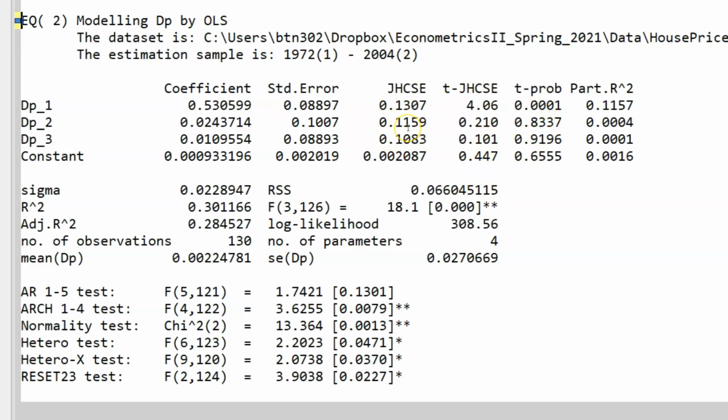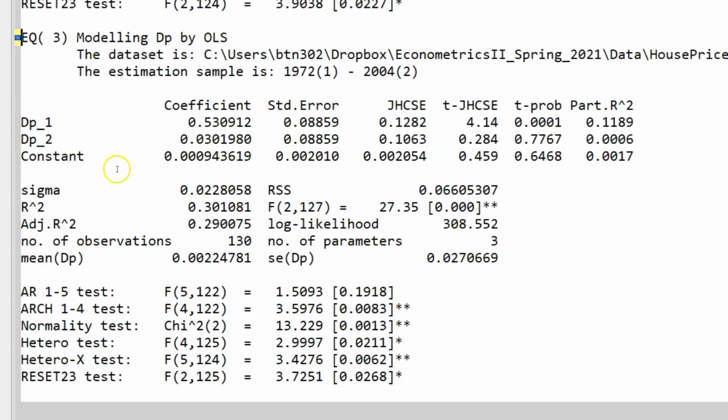We can see based on these robust standard errors, we have a t statistic for the lag order of 3 that is around 0.1. So it suggests that we may omit this term from the regression model. We get this AR2 model instead.